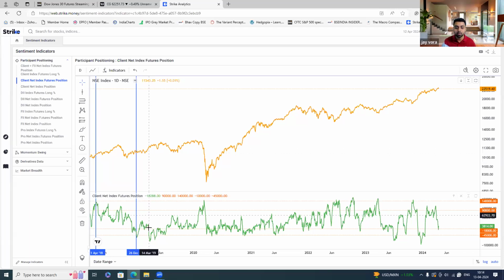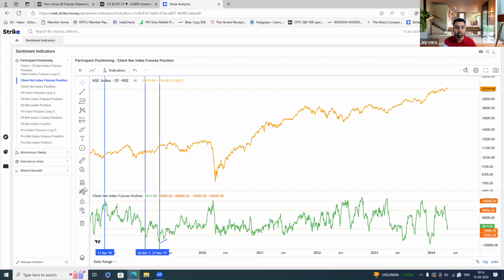Later on, once again when it reached over here, we ended up having some sort of divergence, and that's where the market eventually peaked out and saw a correction.